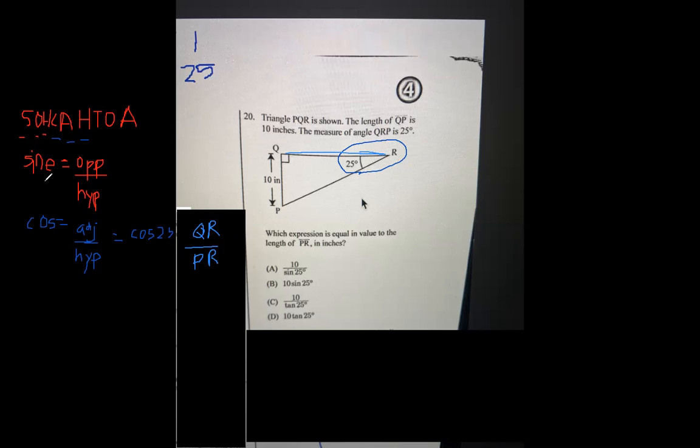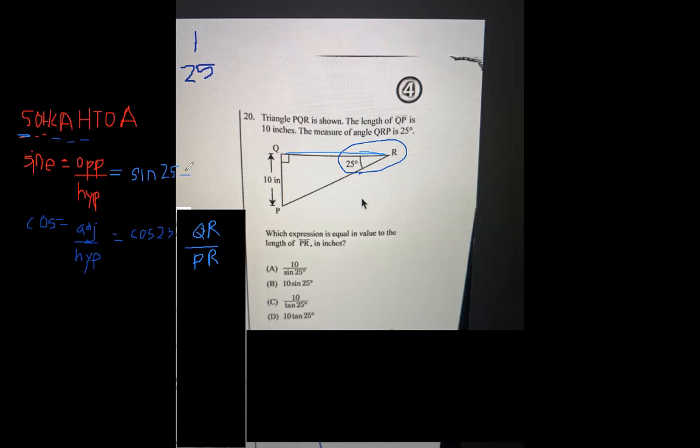I'm going to go back to the sine from SOHCAHTOA again. S means sine, O means opposite, and H means hypotenuse. So if I were going to do the sine of 25 degrees, we would put the opposite side first.